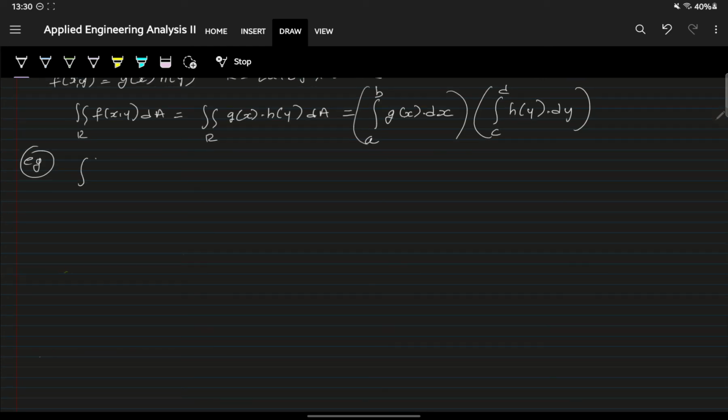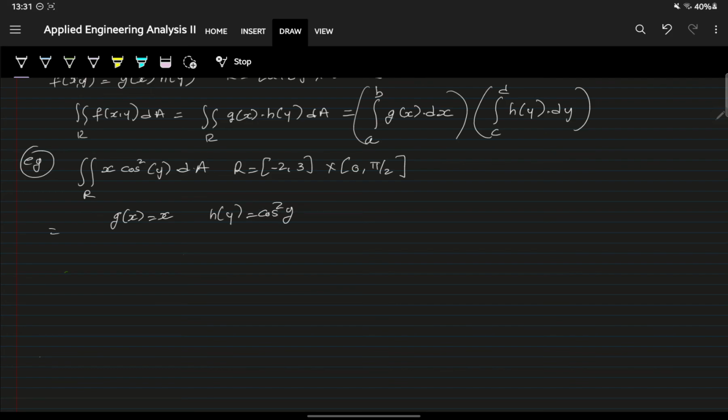Let us consider this function x cos square y with the limits minus 2 to 3 cross 0 to pi by 2. Applying the above formula to see whether it still holds, here we have g of x is x and h of y is cos square y.